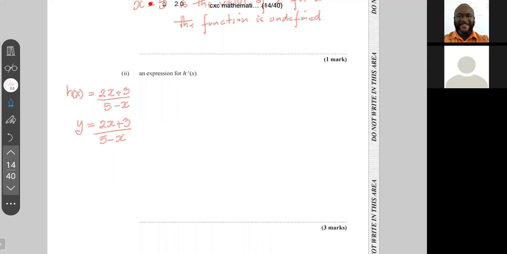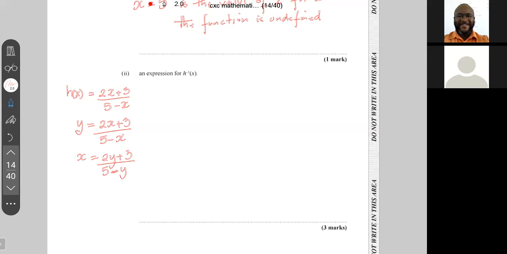Step 2, you're going to interchange x and y. That means wherever you see x, you're going to put y. Wherever you see y, you're going to put x. So x is equal to 2y plus 3 over 5 minus y.